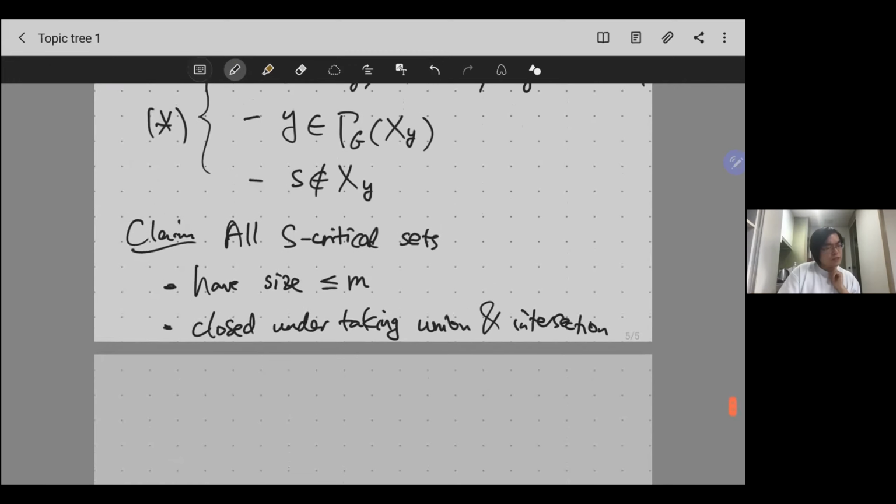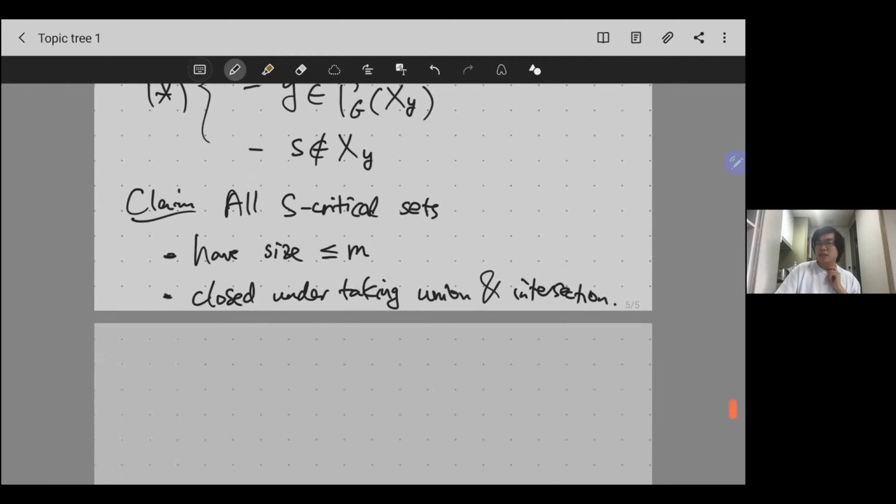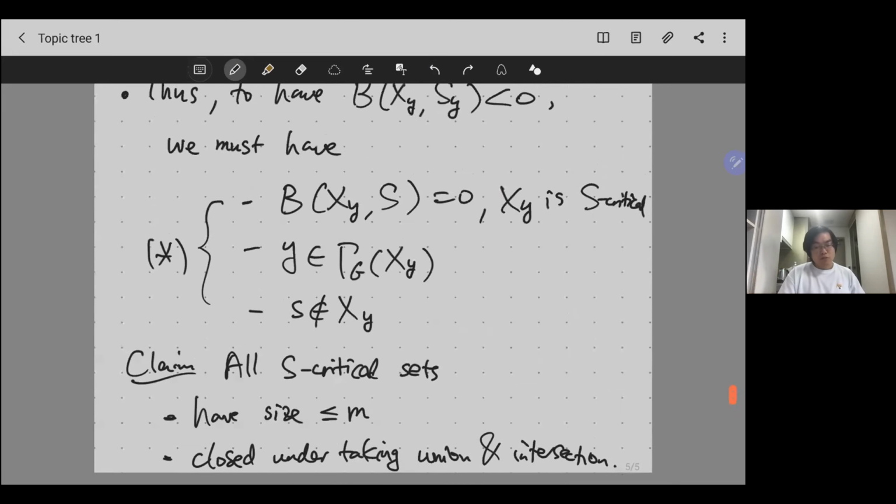The proof of this is also not hard. Basically, you just go around the definition of criticality and carefully analyze how the balance changes. Let me skip this for now. It's not particularly illuminating, basically by definition. But let's first see how this claim finishes the proof. Let's assume this fact about S critical sets. Then we will derive our final contradiction.